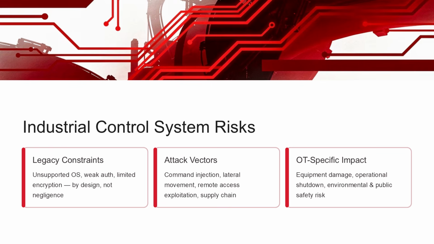They are due to operational constraints and long equipment life cycles. Risks in OT environments include unauthorized control manipulation, command injection, lateral movement from IT networks, supply chain compromise, remote access exploitation. Unlike IT breaches, OT compromises may lead to equipment damage, operational shutdown, environmental incidents, public safety risks. Your architecture must prioritize containment and monitoring without disrupting operational stability.